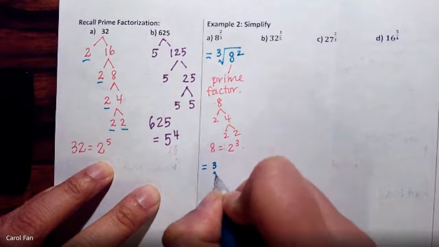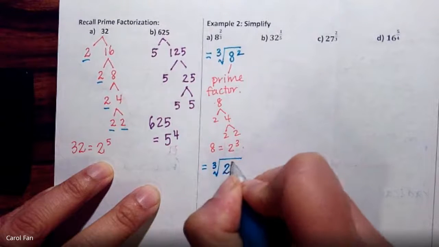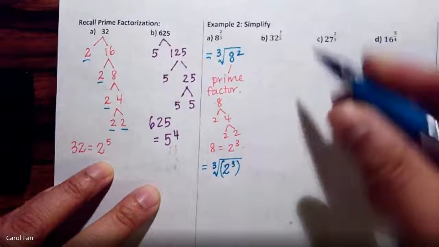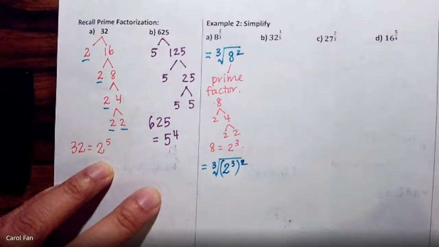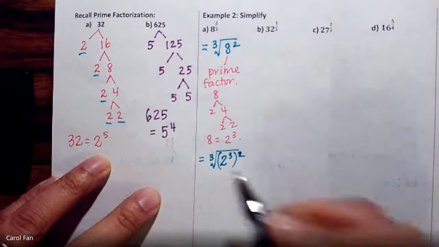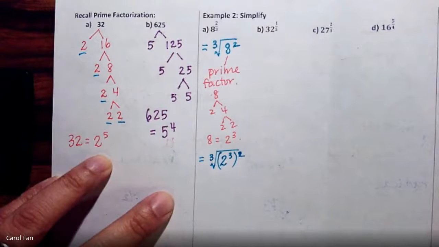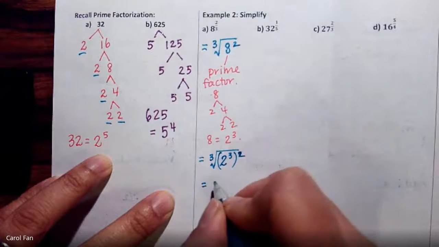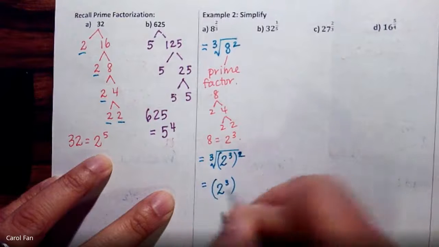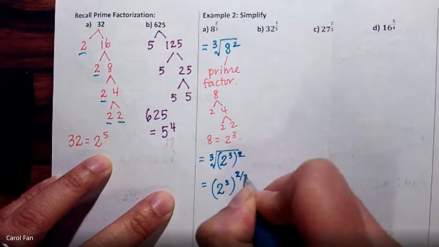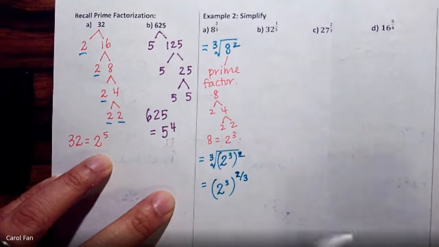I have the cube root of 2 to the power of 3, and that was from the 8. And I still have the exponent 2. Now, let me rewrite this in power form again. So if I write this in power form, I have 2 to the power of 3, all to 2/3.